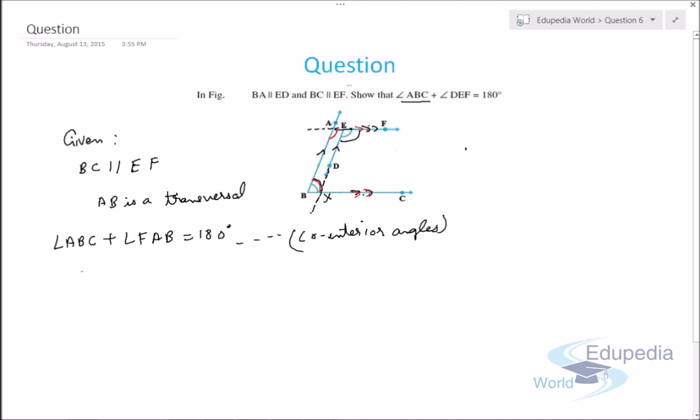Now it's also given that line BA is parallel to ED, like this line is parallel to ED, and we can say that AF makes a transversal.